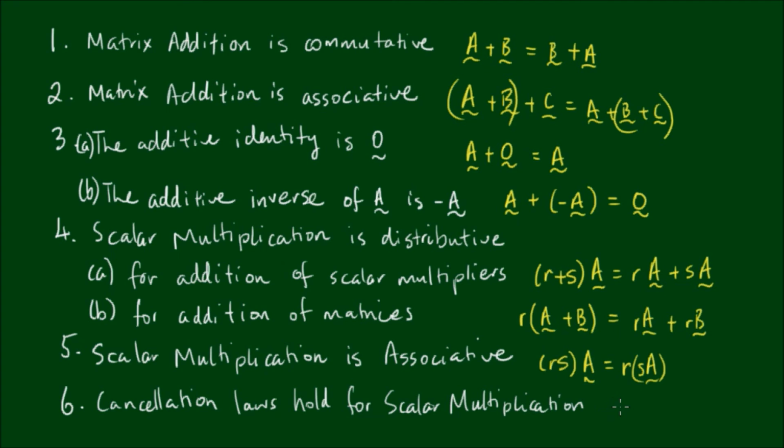What is meant by this is that if r times the matrix A equals r times the matrix B, well, this equality only holds true if and only if matrix A is equal to matrix B. Also, if r times the matrix A is equal to s times the matrix A, well, this equality again only holds true if and only if the scalars r and s are the same.